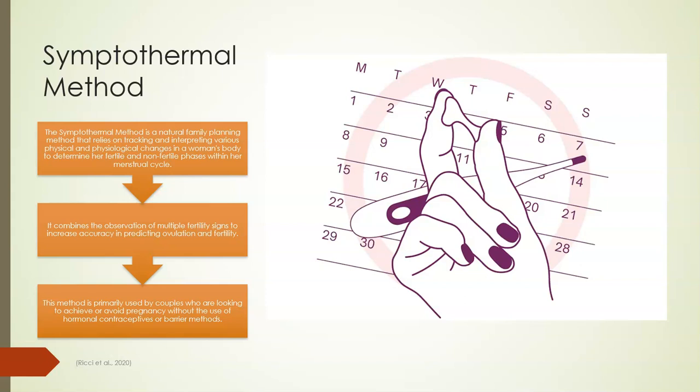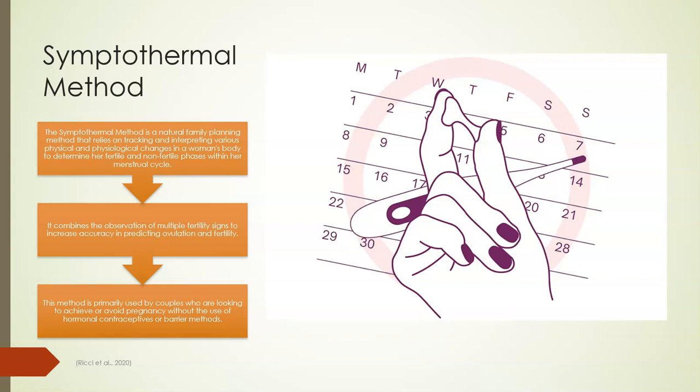It combines the observation of multiple fertility signs to increase accuracy in predicting ovulation and fertility. This method is primarily used by couples who are looking to achieve or avoid pregnancy without using any hormonal contraceptive or barrier method. So let's discuss this a little bit further.